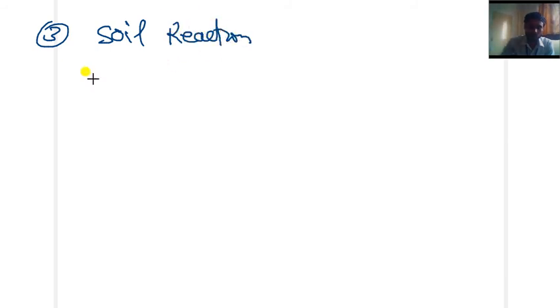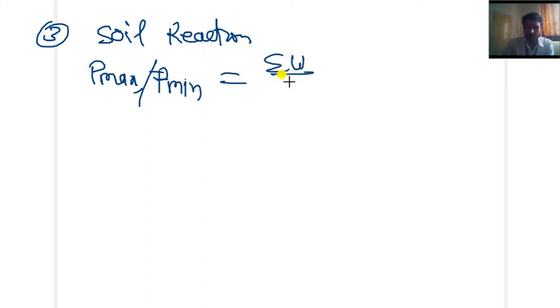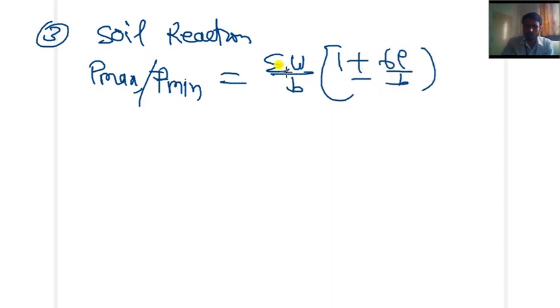And in stability check, we also ensure the soil reaction. So the third one will be soil reaction. Here we have to calculate P max and P min, and that will be equal to summation W divided by B, times 1 plus or minus 6e by B. For P maximum, the plus sign will be used, and for P minimum, the minus sign will be used.